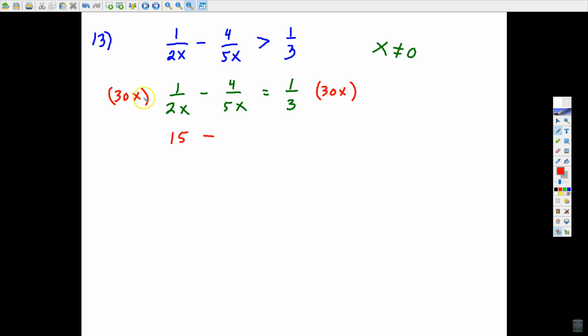If I divide 5x into 30x, I get 6. 6 times 4 is 24. And over here, 3 into 30x is 10x times 1 is 10x. 15 minus 24 is negative 9. Dividing by 10 on both sides, I get negative 9/10 is x.